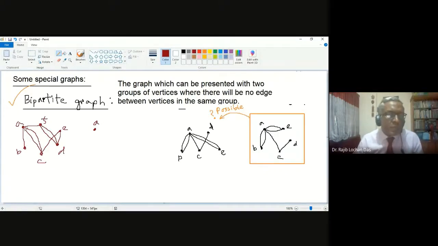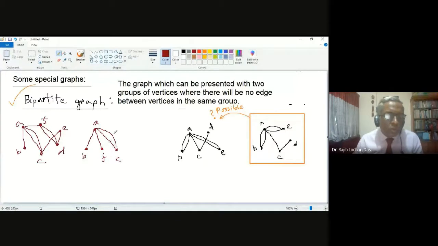You have A, B. So put B in the other side, other group, and AF, put F in the other side. And another point is C. So put C in the other side also. You have two connections AC, so give two connections, and this is C. Start with any point and then put the other points in the other group.